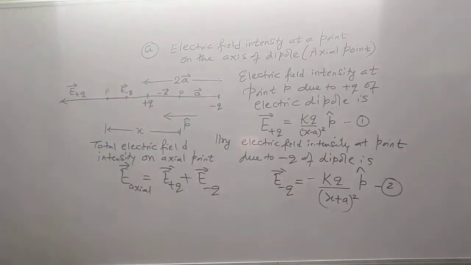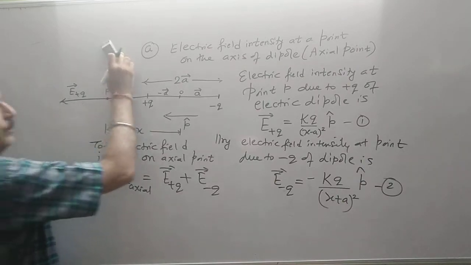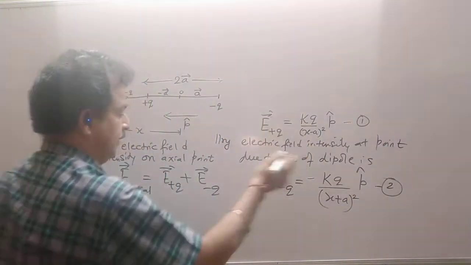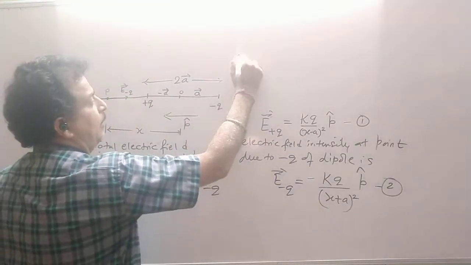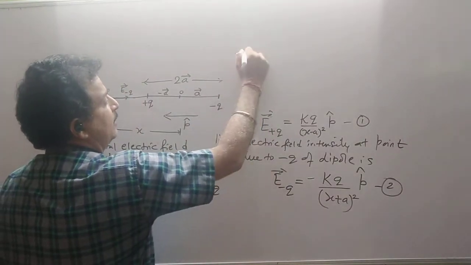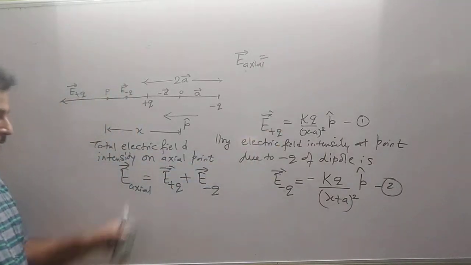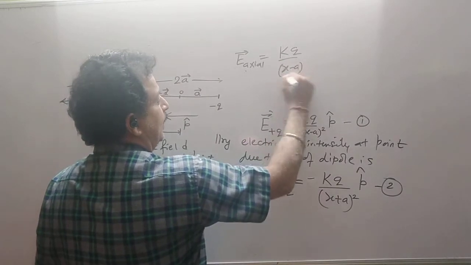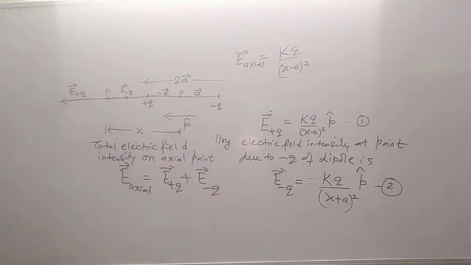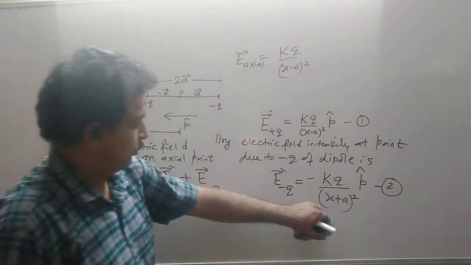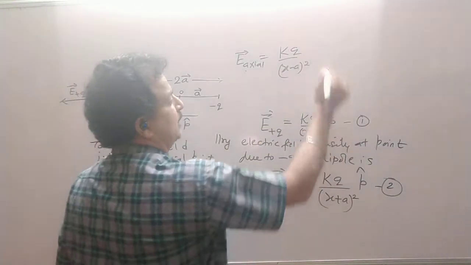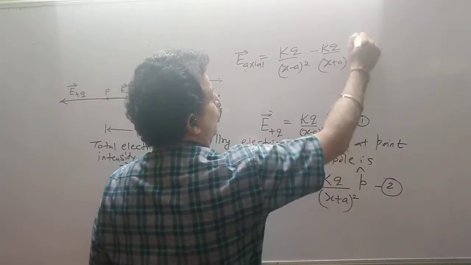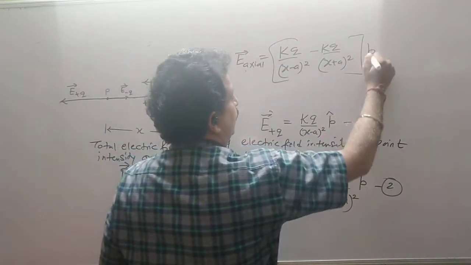So the equation is written in vector form. If I substitute these values, E axial is equal to E plus Q charge, so KQ over x minus A whole square, and E minus, so I substitute this minus sign, P cap is common, so minus KQ over x plus A whole square, and P cap.